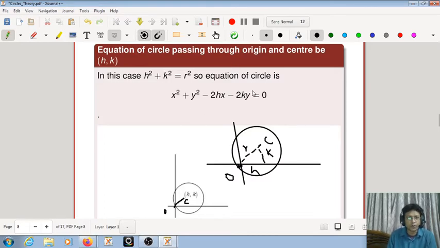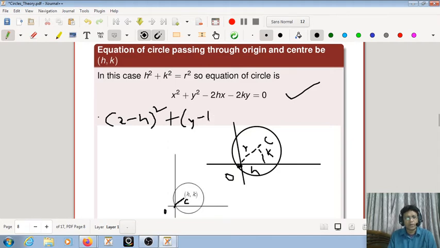So if you substitute in the general equation of the circle, you will get this result. This is the equation of the circle: x squared plus y squared minus 2hx minus 2ky equal to 0. Because you have the center as (h, k), so (x minus h) squared plus (y minus k) squared equals r squared, and if you substitute h squared plus k squared equal to r squared, you will get this type of relation.